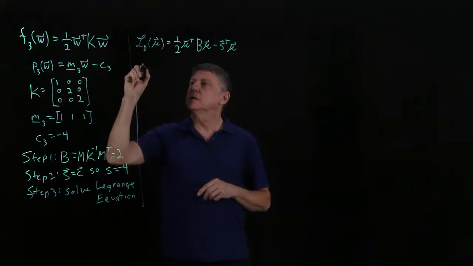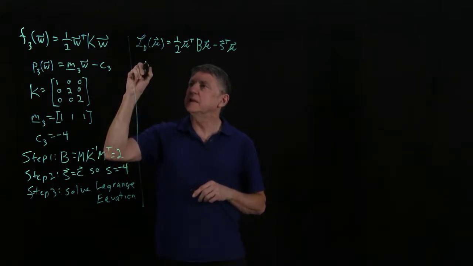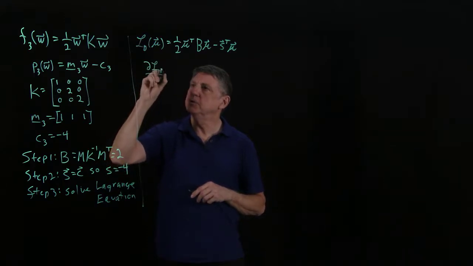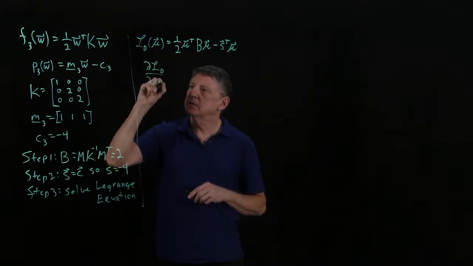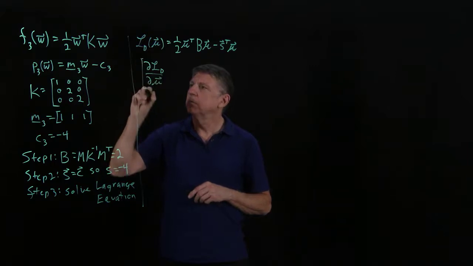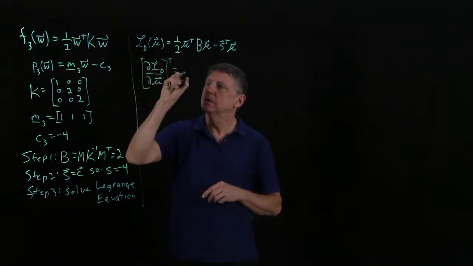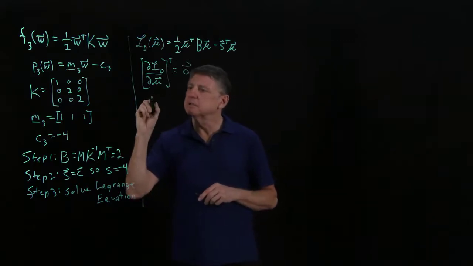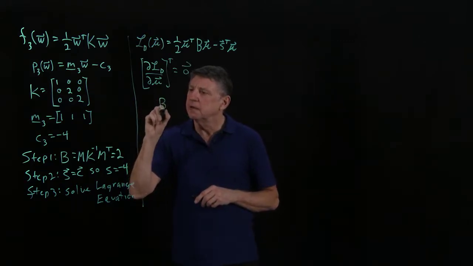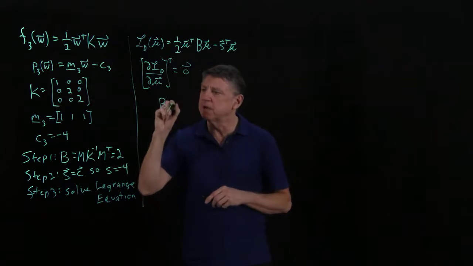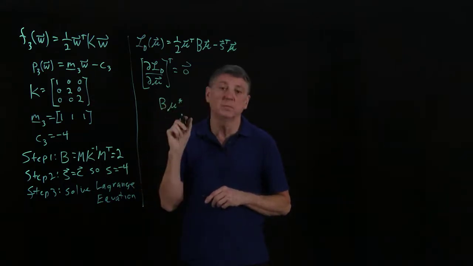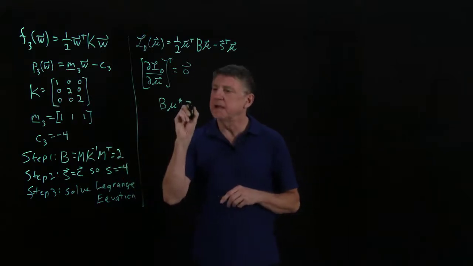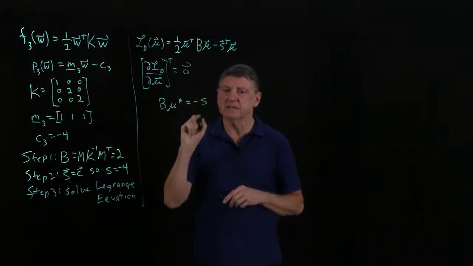And when we set the partial derivative of the dual with respect to the multipliers to be 0, what we get is that the solution matrix times the multiplier, in this case we only have one multiplier because we only have one equality constraint, has to equal minus s.